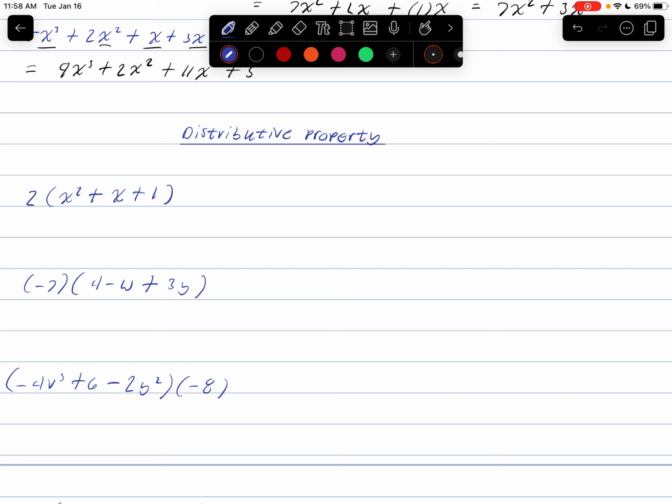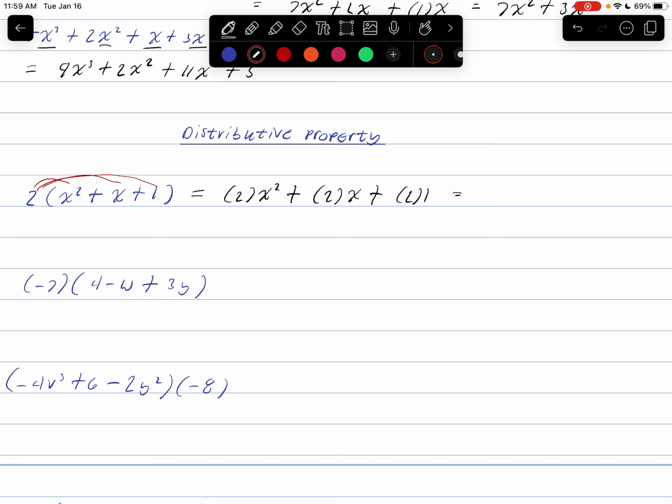So in order to multiply these together, you have to distribute, so to speak, this 2 to each of these terms. This 2 is going to go to the x squared, it's going to go to the x, and it's going to go to the 1. So you can write this out as 2 times x squared plus 2 times x plus 2 times 1, okay?